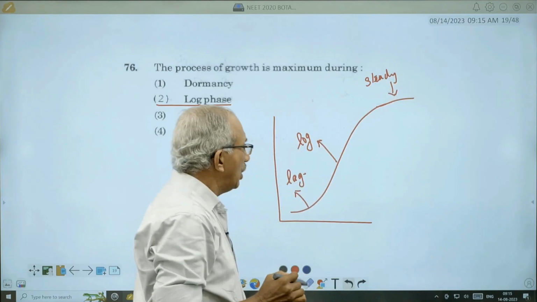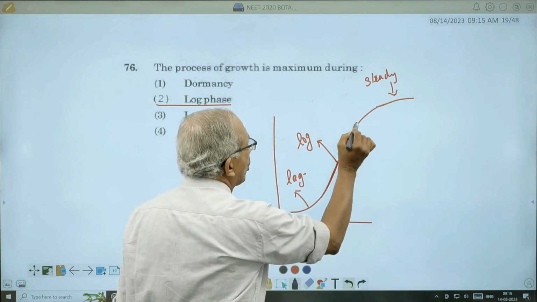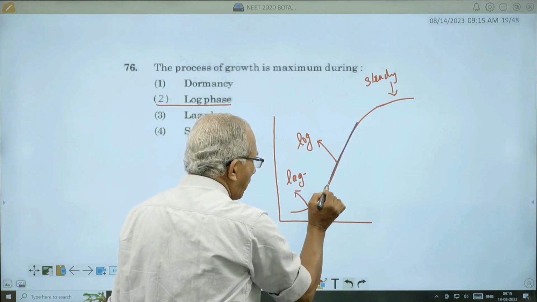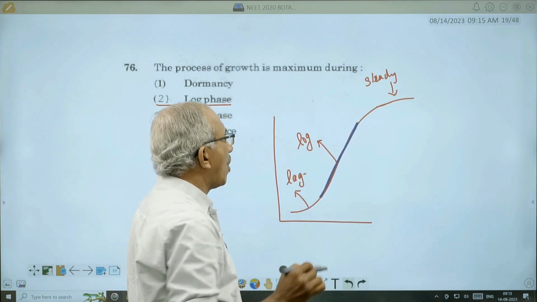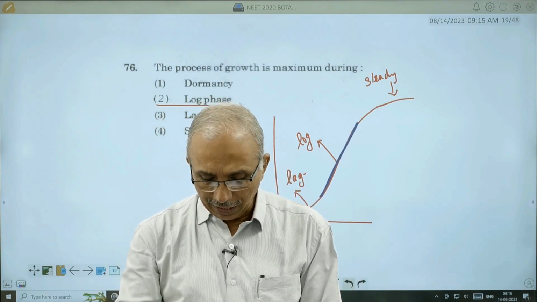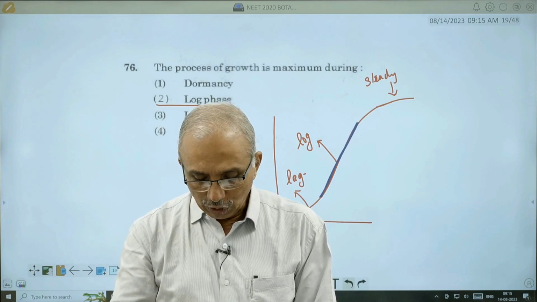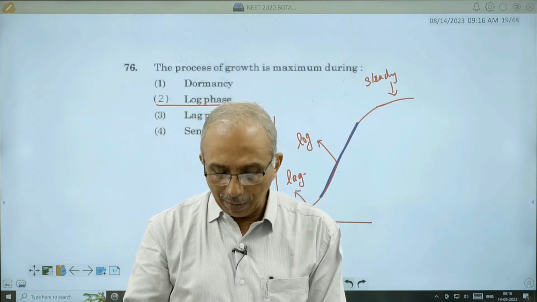This portion of rapid increase in growth is called the log phase, which is a phase in the geometric type of growth.